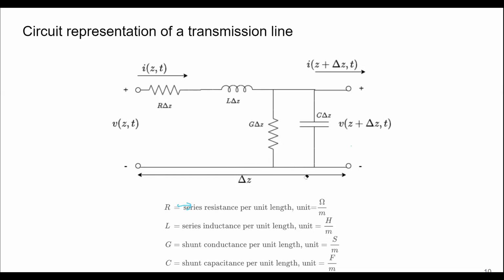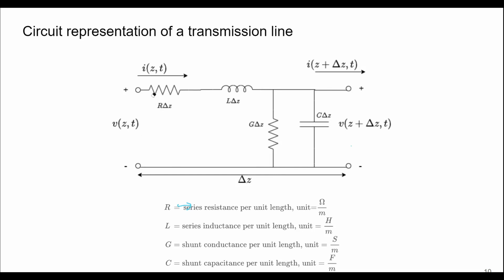Once we develop some mathematical equations related to this, we can find out the relationship between the voltages, currents and the resistance in the transmission line. So in this diagram we have denoted the voltages and the currents in the circuit.